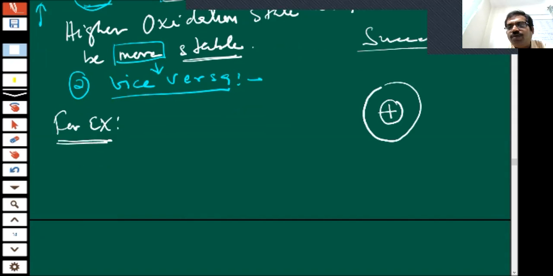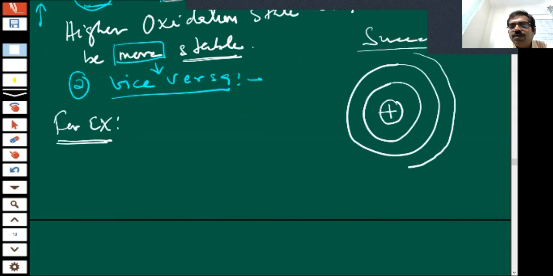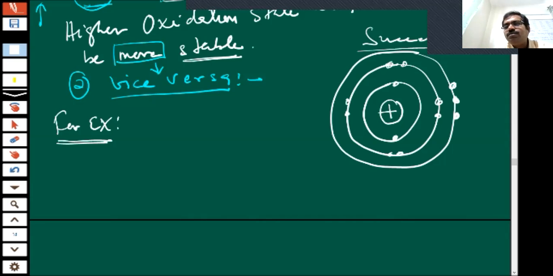This is first orbit, this is third orbit, like this. And suppose 3 electrons are there in the outermost orbit, 8 electrons in the second orbit and 2 electrons in the first orbit.